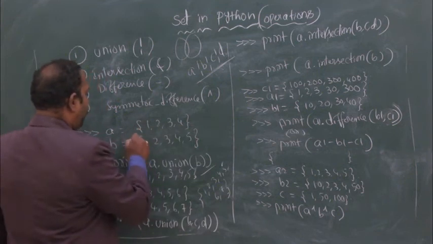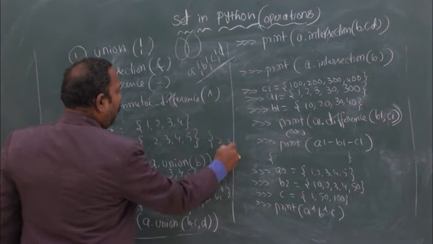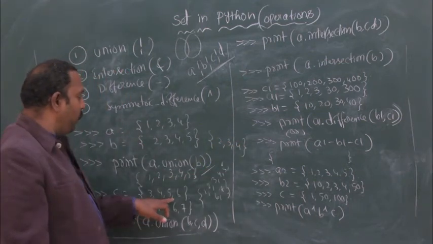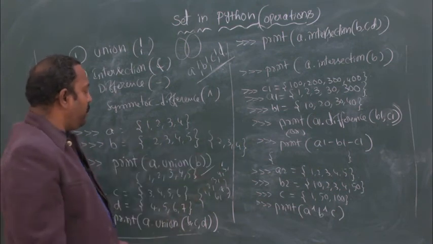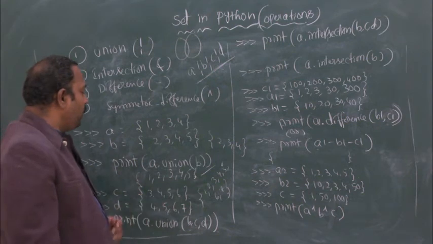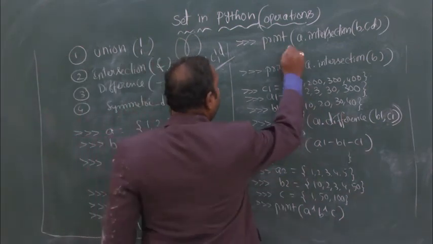If you combine A and B, the common elements are 2, 3, 4, and in C and D, they are 4, 5, 6.